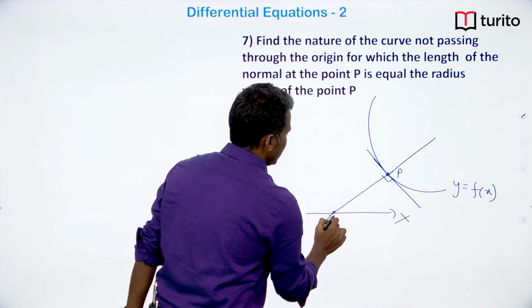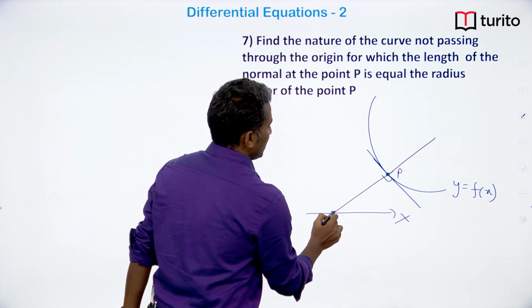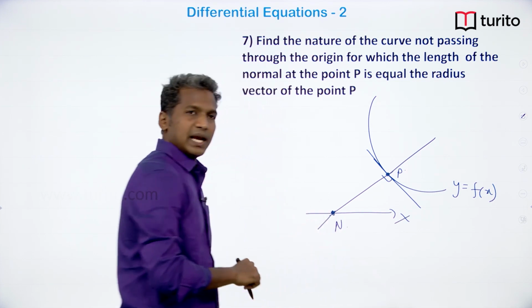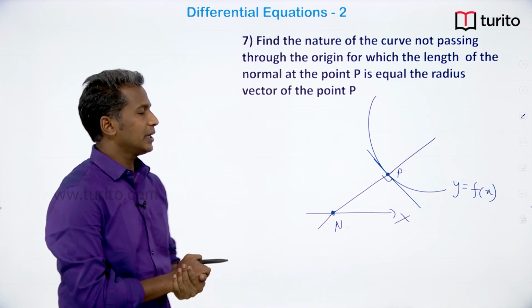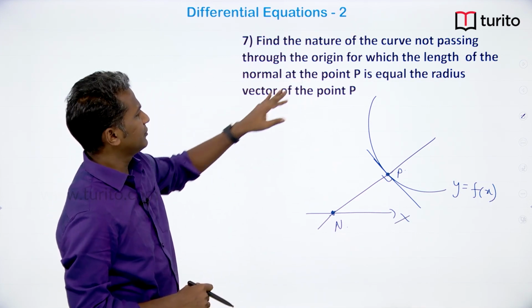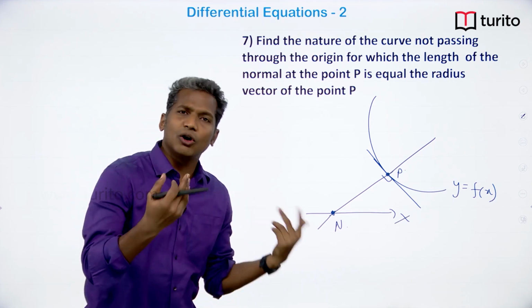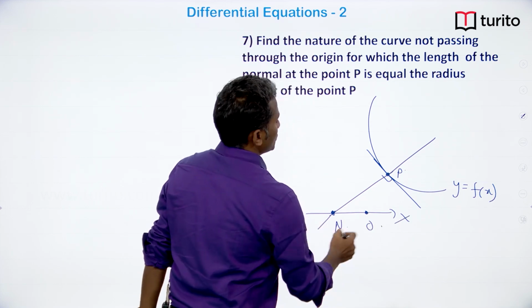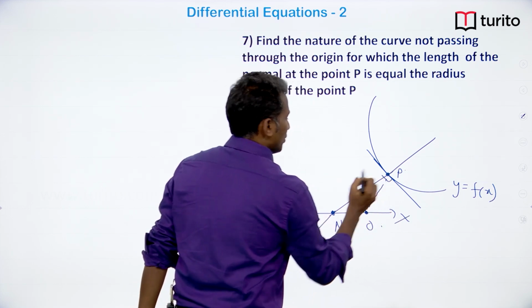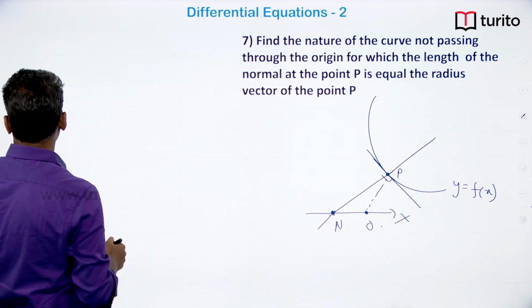So this is going to intersect at a point. If I name this point as N, this PN will become the length of the normal. Okay. So PN is our length of the normal, and if we take the origin as, let's say, O somewhere here, then from O to P, if I join, that becomes our radius vector.